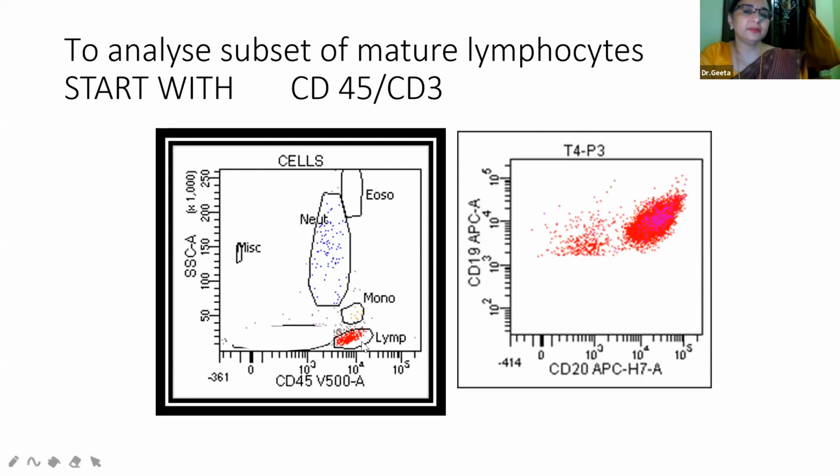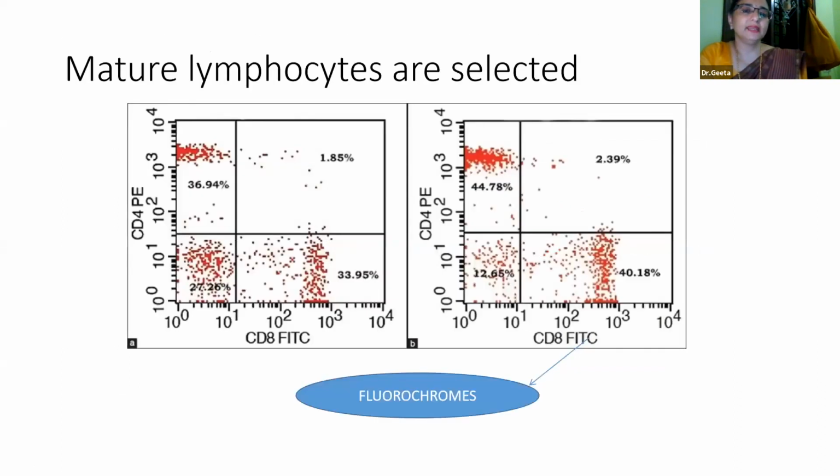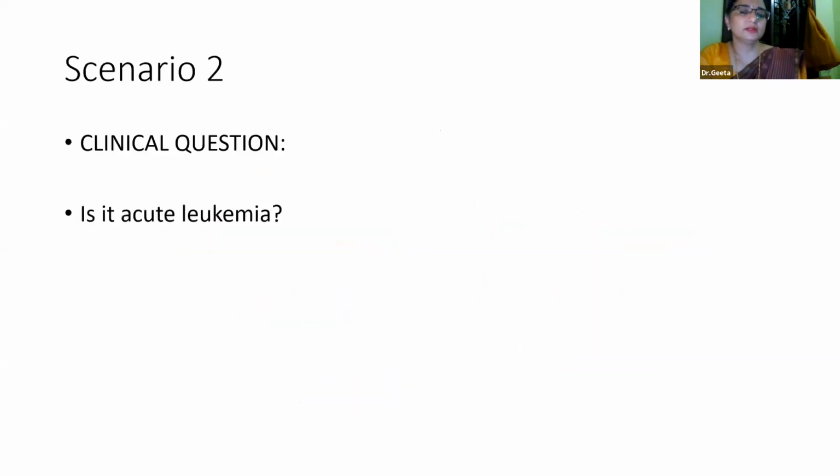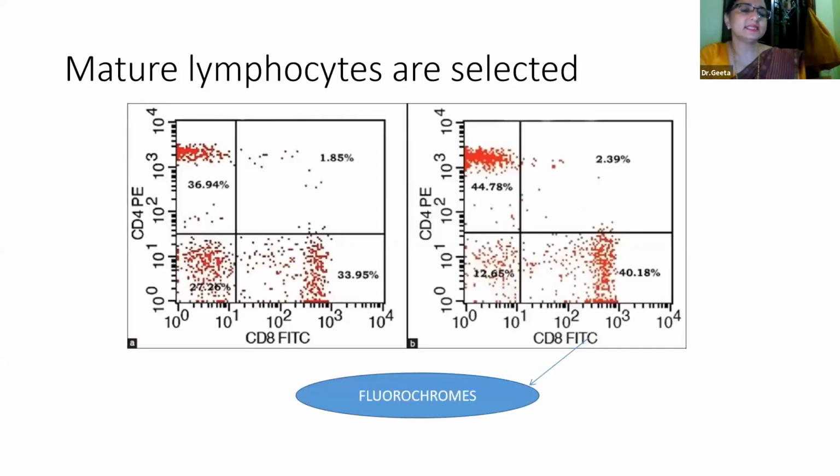This CD45 is very bright in the lymphocytes as compared to the neutrophils and monocytes. Then I get the next set of cells with CD3 because I want the two types of CD3 cells, CD4 and CD8, to be depicted.